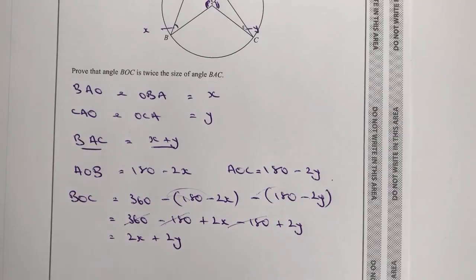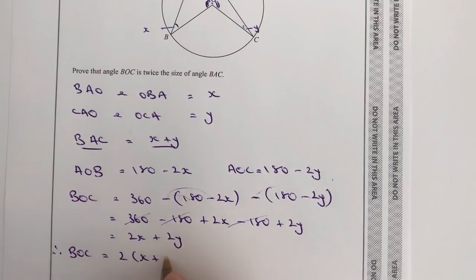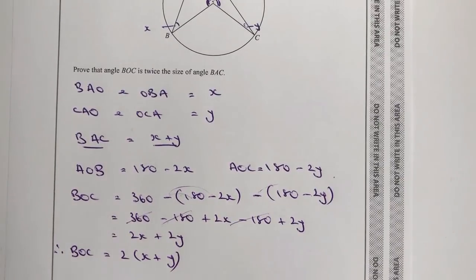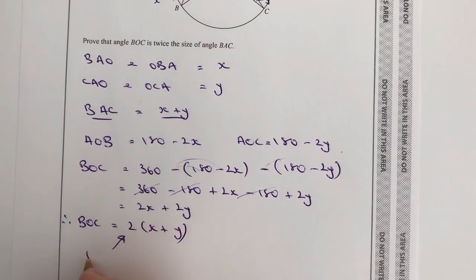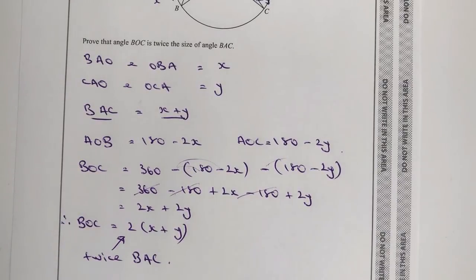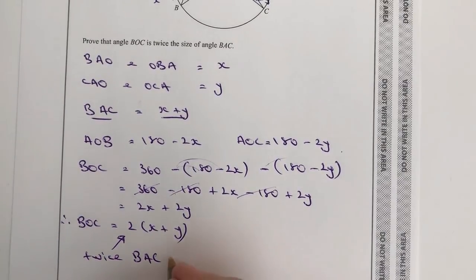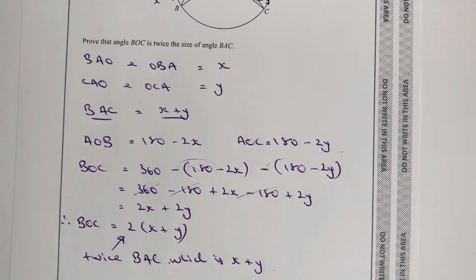So if I factorise that, I can put therefore BOC equals 2 times x plus y, which is twice BAC, which is x plus y. Hopefully that's all right for you.